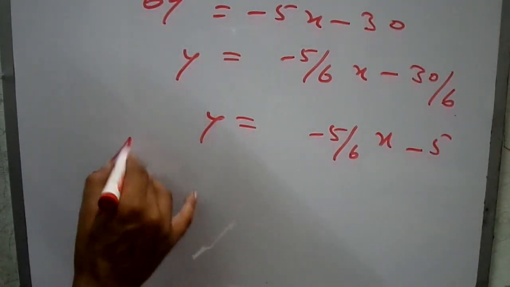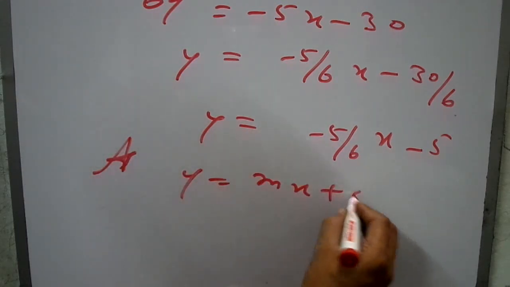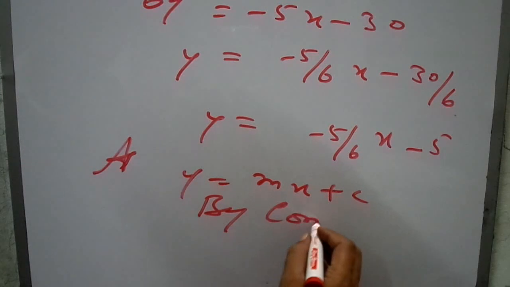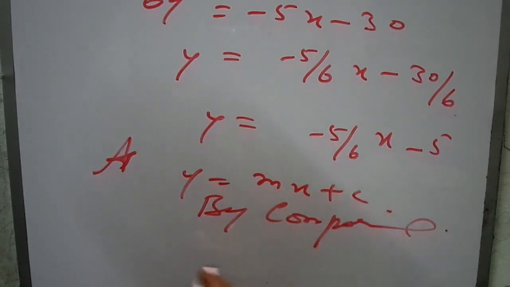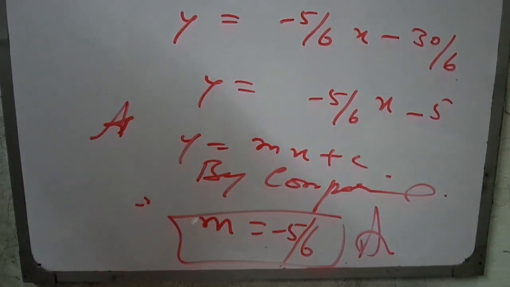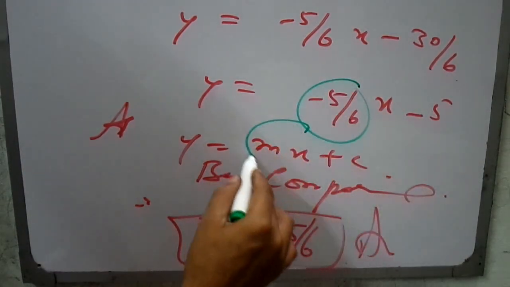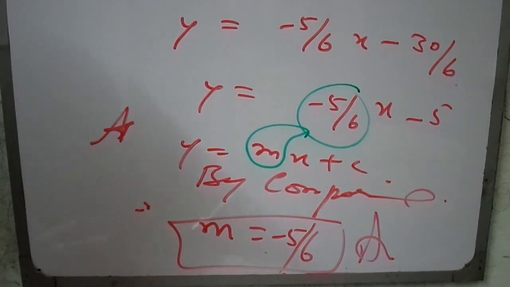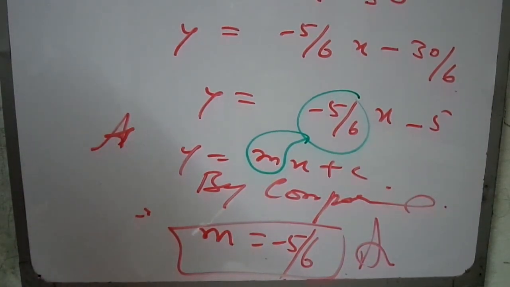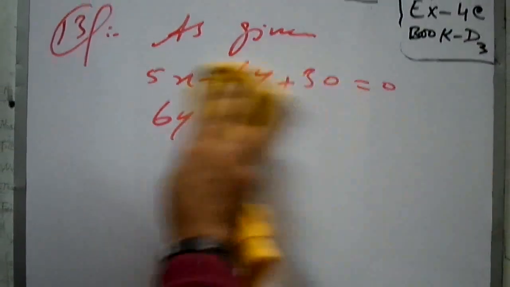So by comparing, as we have the general equation, that is y is equal to mx plus c, therefore the value of slope is minus 5 by 6. So that is your required result, because in comparison you can see this is the basic or general equation. But still we have to finish the D part of the same question.